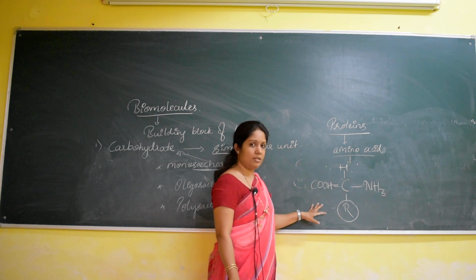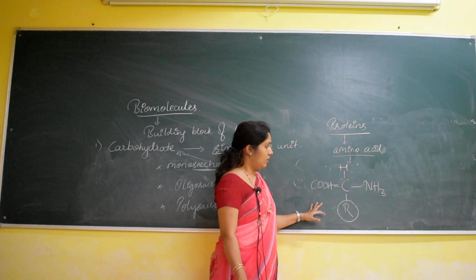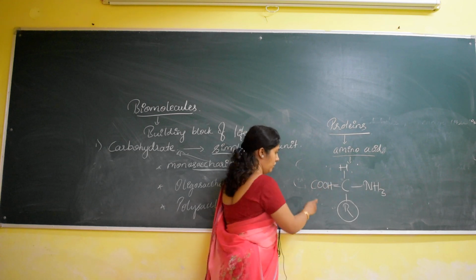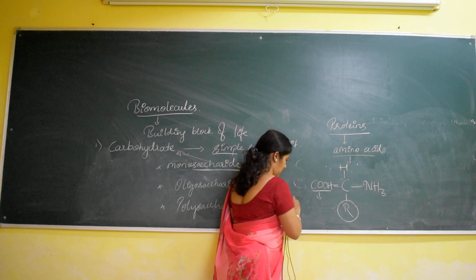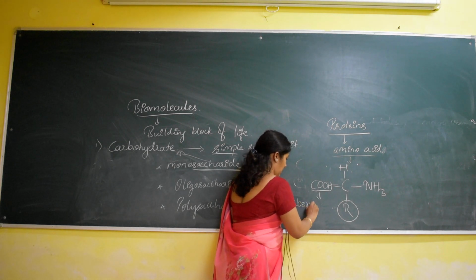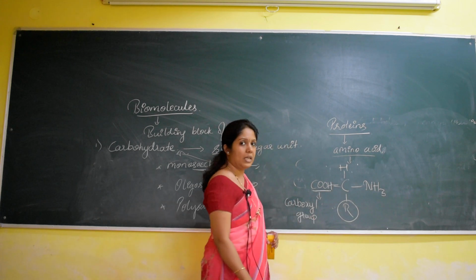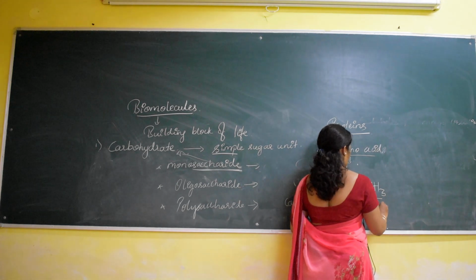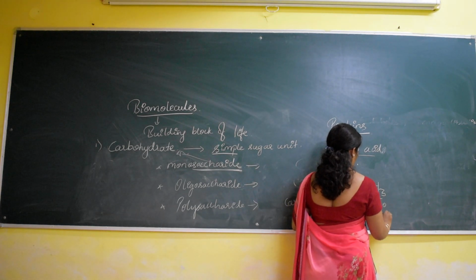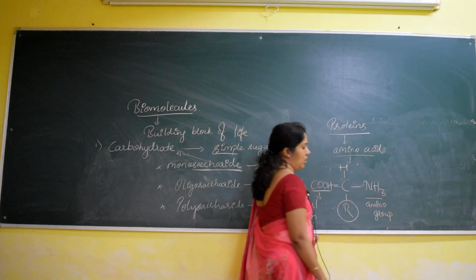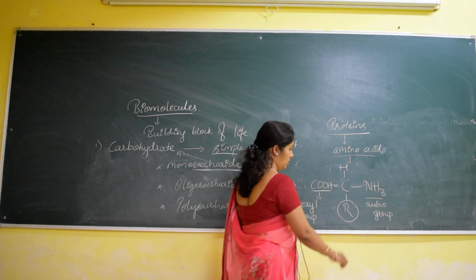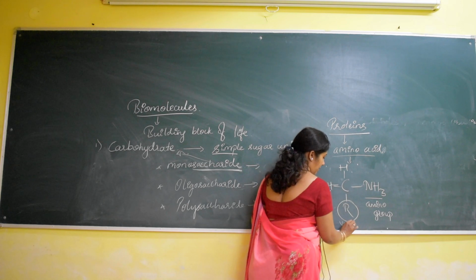COOH is the carboxylic group, whereas NH2 is the amino group. Carboxylic group, amino group, H hydrogen, whereas R is a variable.